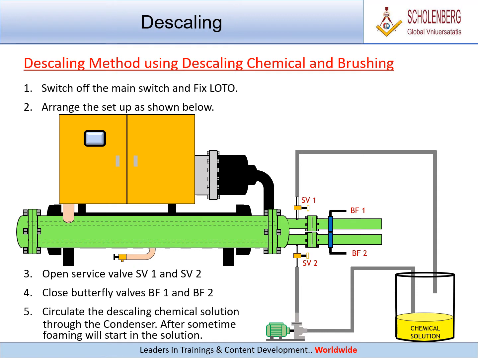Descaling method using descaling chemical and brushing. 1. Switch off the main switch and fix LOTO. 2. Arrange the setup as shown below. 3. Open service valve SV1 and SV2. 4. Close butterfly valves BF1 and BF2. 5. Circulate the descaling chemical solution through the condenser.